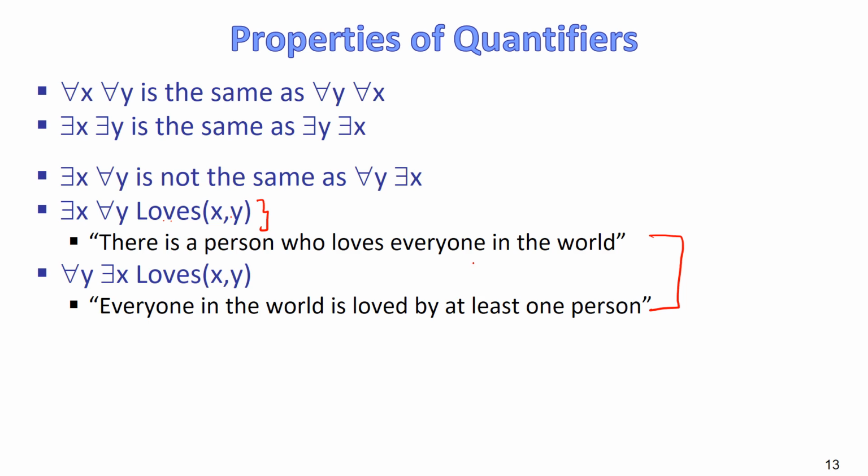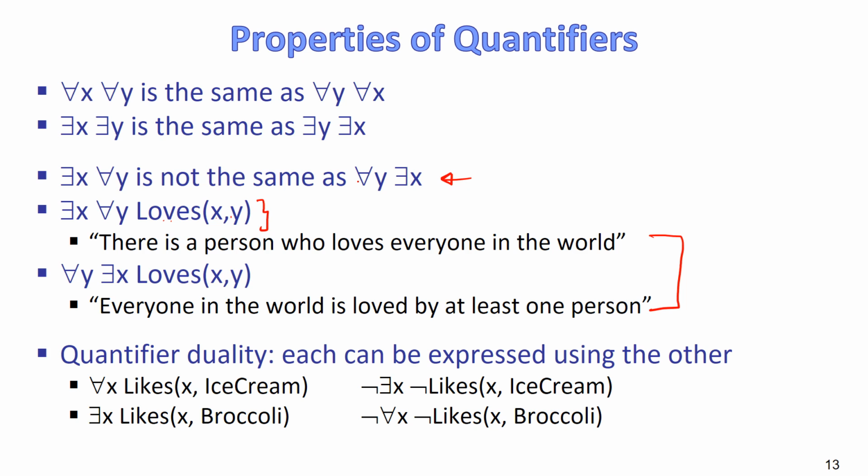That's not, of course, the same meaning as everyone in the world is loved by at least one person, or by someone. Right? These two are not the same. And that's what we are saying here. We're saying that switching these two quantifiers is not correct. So there exists x for all y is not for all y there exists x. Pay attention to that.